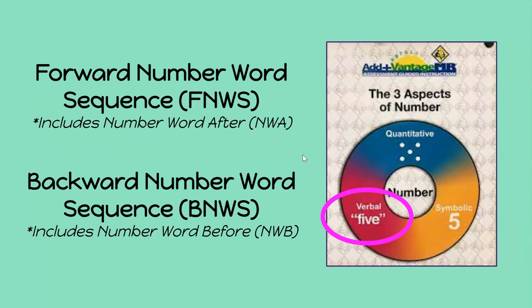Oftentimes, we put a lot of energy and effort into helping our students count forwards. It's also important to do some work with counting backwards so that we can support our students' understanding of subtraction. So I'm going to go through some instructional examples with my daughter Lucy, and just keep in mind that these activities can be done for both forward and backward number sequence.